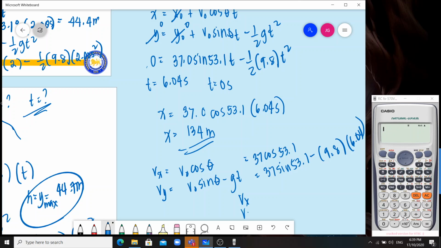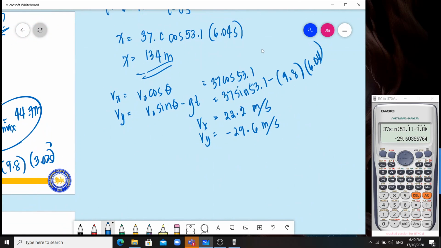So, ang Vx at Vy natin ay equivalent sa 37 cos 53.1, 22.2 meters per second, tsaka 37 sine 53.1 minus 9.8 times 6.04, negative 29.6 meters per second. Okay?